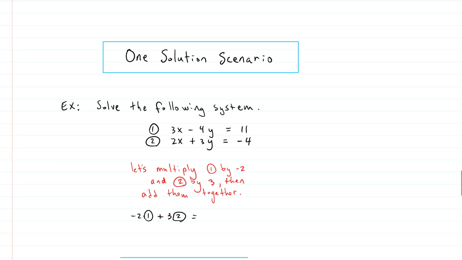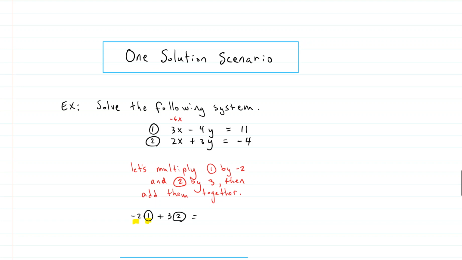So unfortunately, it's not super simple here because the numbers don't line up. If you just add them straight up, you don't cancel anything. You get a 5x and you get a negative y, which doesn't help us, right? But if we multiplied equation 1 by negative 2, that would give us a negative 6x.